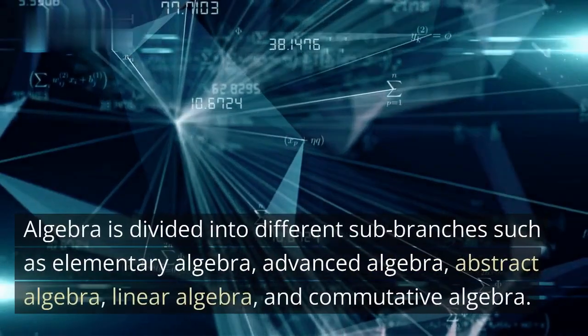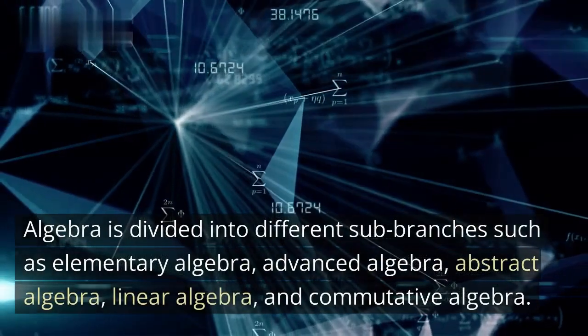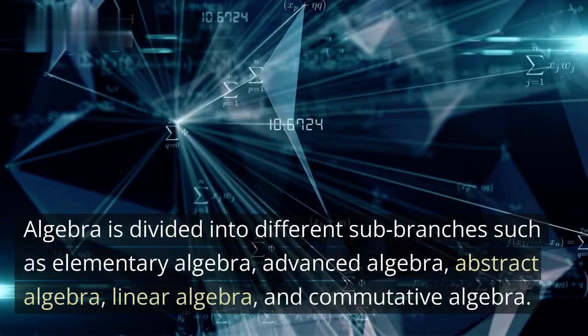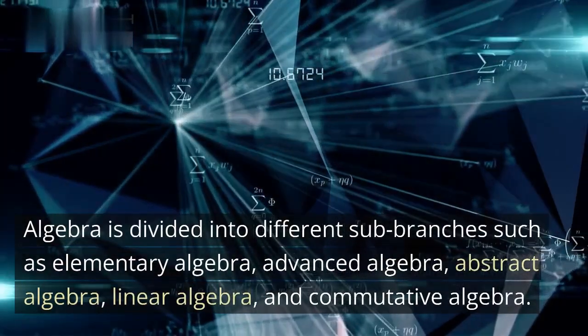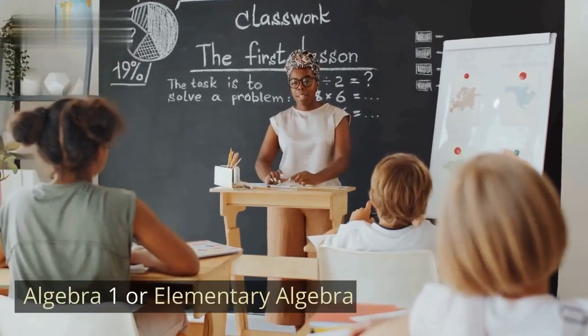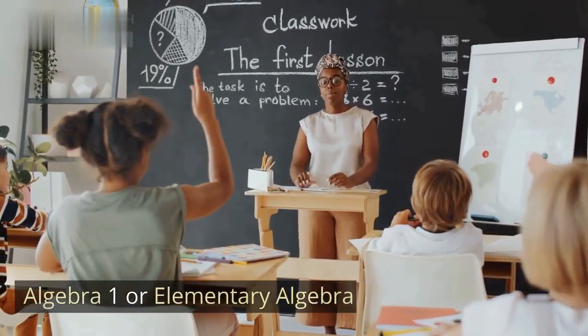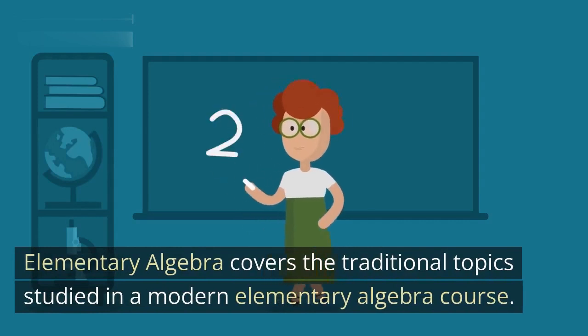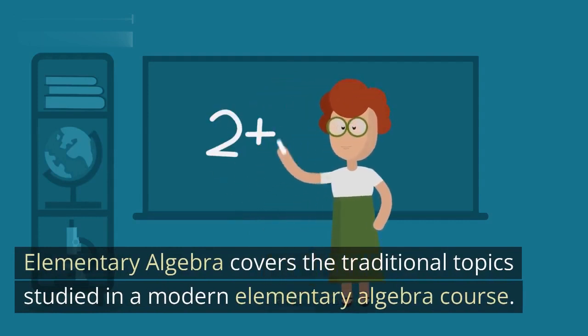Algebra is divided into different sub-branches such as elementary algebra, advanced algebra, abstract algebra, linear algebra, and commutative algebra. Algebra 1 or elementary algebra. Elementary algebra covers the traditional topics studied in a modern elementary algebra course.